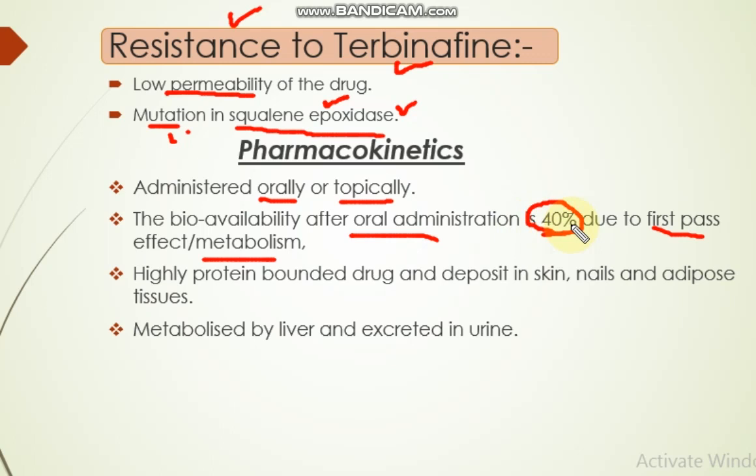And this bioavailability is decreased to 40% due to the first pass metabolism and first pass effect. It is a highly protein bound drug and deposits in the skin, nail and adipose tissue. Because of this, terbinafine is used for skin infection, nail infection and adipose tissue infection.